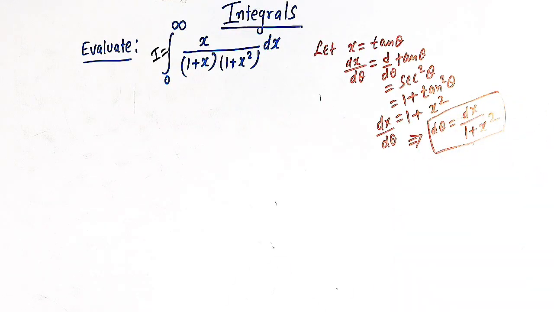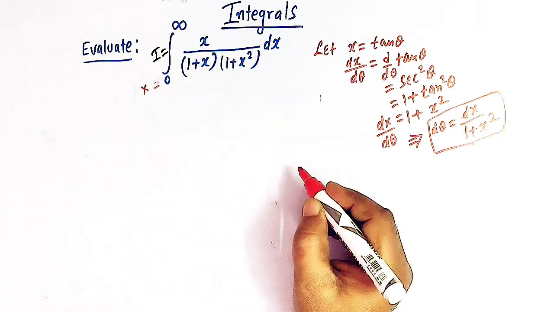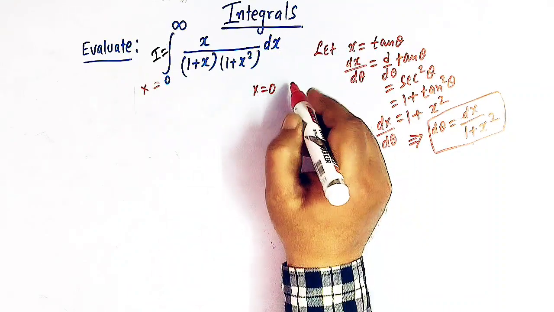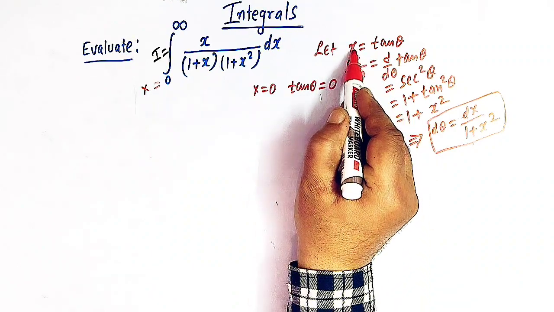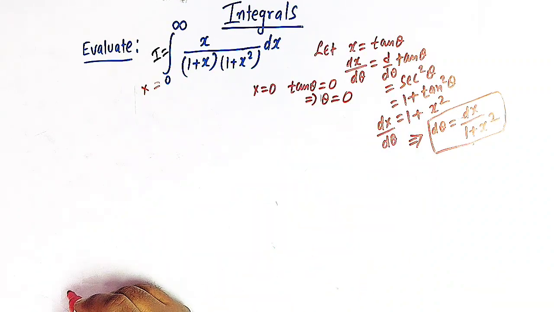Now the limits of integration vary from 0 to infinity. When x is equal to 0, the value of tan theta is equal to 0, so theta is equal to 0.